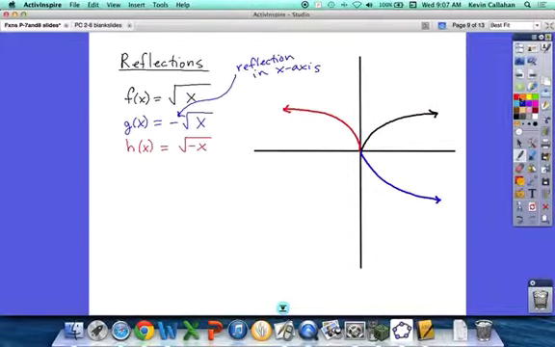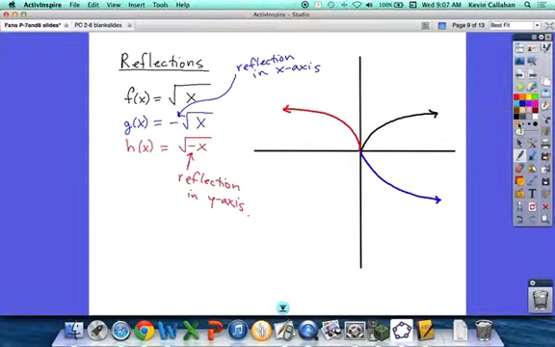This one is a reflection in the y-axis. Would you consider those rigid? Are they distorting the shape at all? No, they're still rigid. Okay, so let's see.